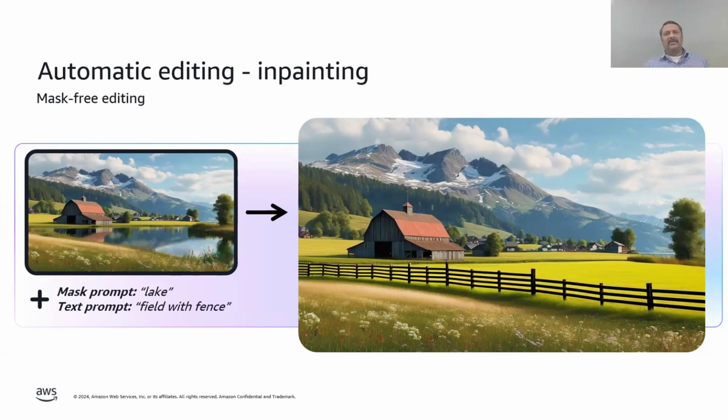This feature is very valuable for customers who need to make very targeted changes to an existing image. It can also be used to remove unwanted objects from the picture or add new elements into the picture without disrupting the overall composition.